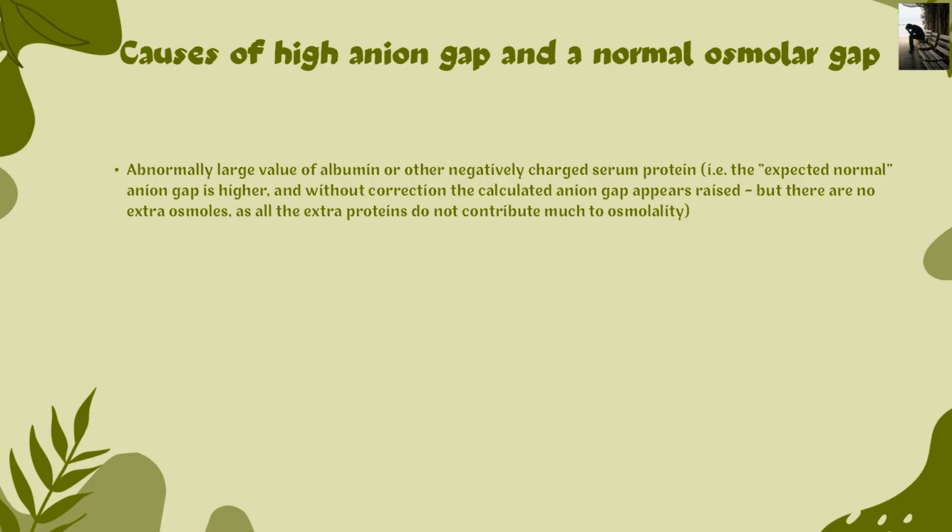We discussed a high osmolar gap with a normal anion gap, or a high osmolar gap in the absence of HAGMA. Is there any situation where you can have a high anion gap with a normal osmolar gap? It's mostly the raised albumin level. That's the situation where you can have a high anion gap, but the osmolar gap would be normal.